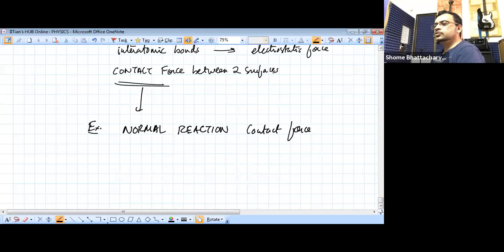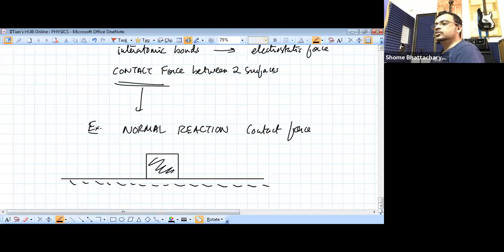So what is happening there? You have, let's say, an object which is lying against a surface. This object is pressing down against the surface with some amount of force.